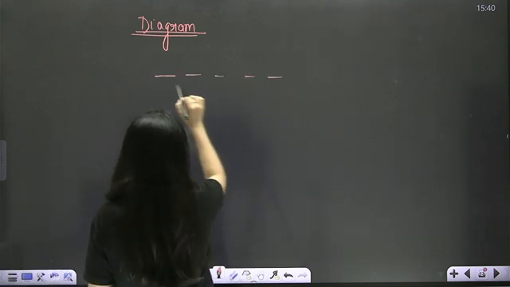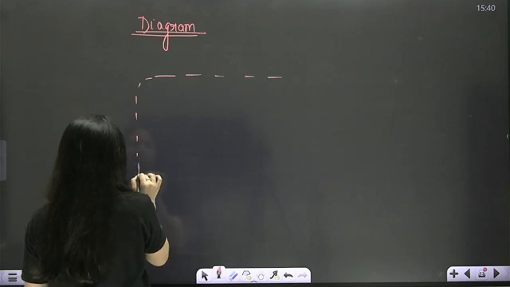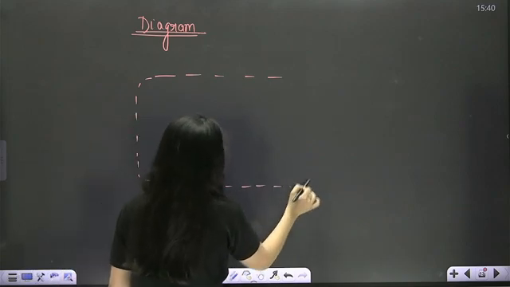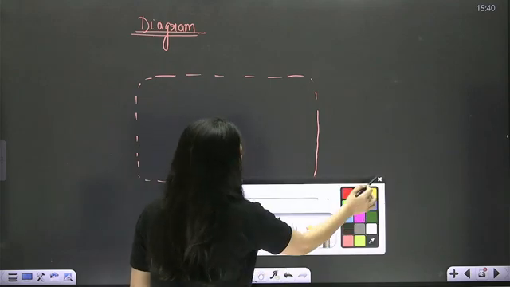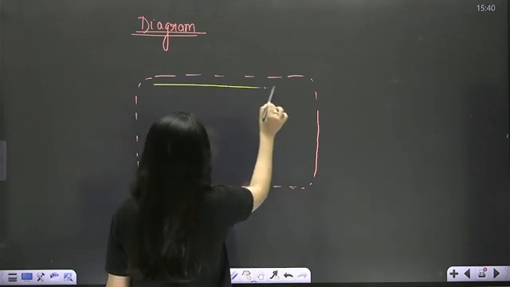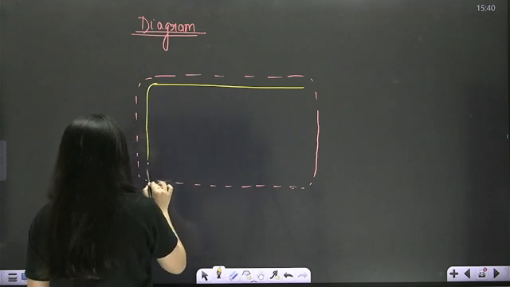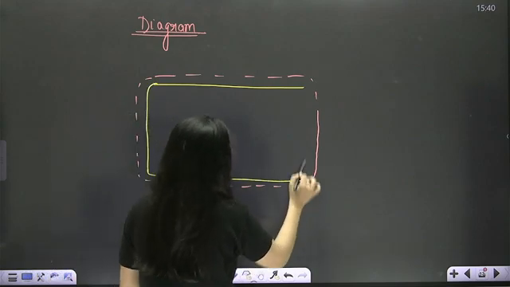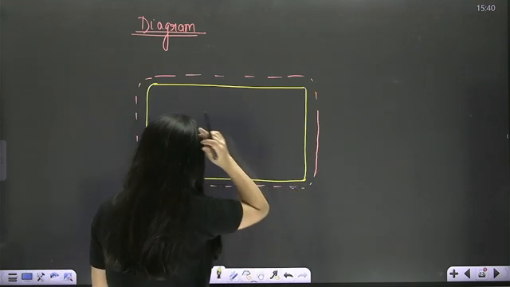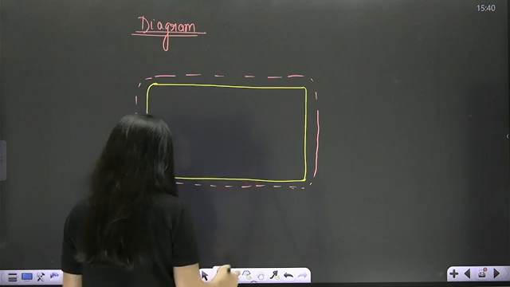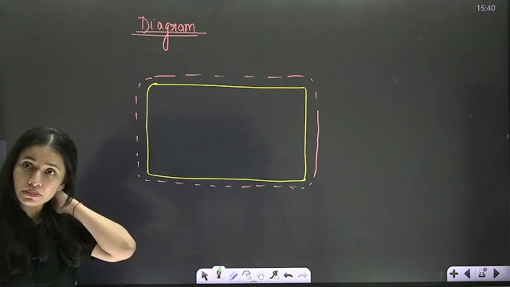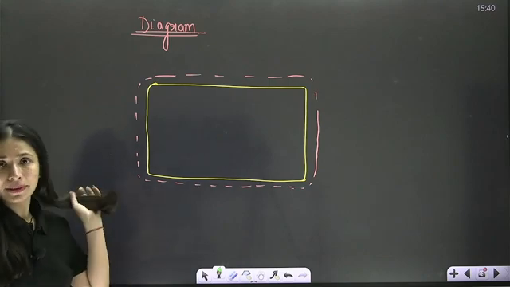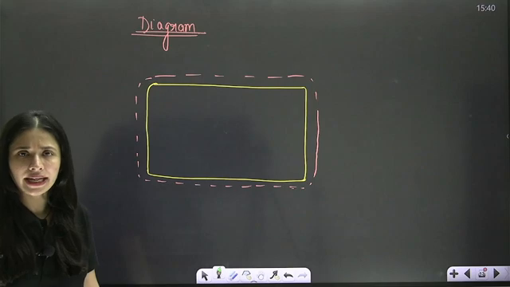So suppose I am taking my glycocalyx as a mucilaginous layer, then I will draw this layer in a dotted manner, showing its mucilaginous property. Followed by the thick, tough, resistant, rigid layer, that is the cell wall, and then the innermost plasma membrane. Now, this plasma membrane, is it continuous or are some foldings there?